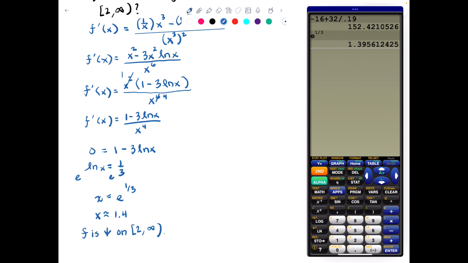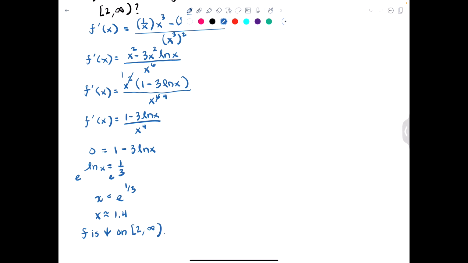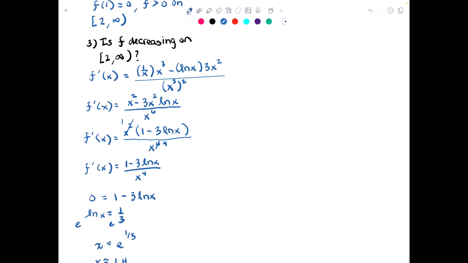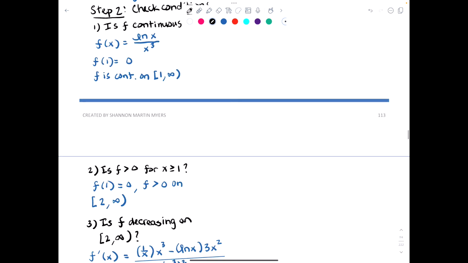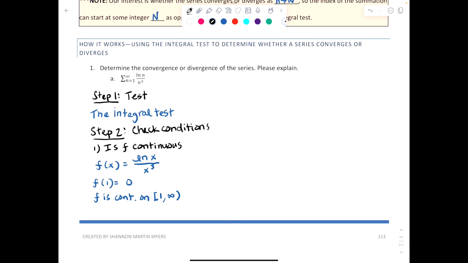So the conditions check out, which is exciting. And so next up, well, what's left? We need to run the test, right? So let's go ahead and start with running the test.